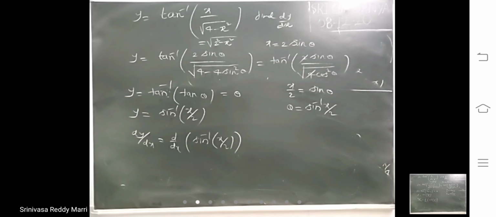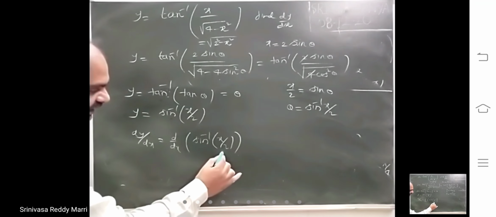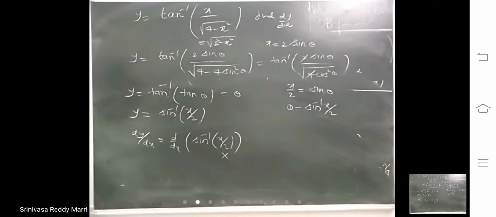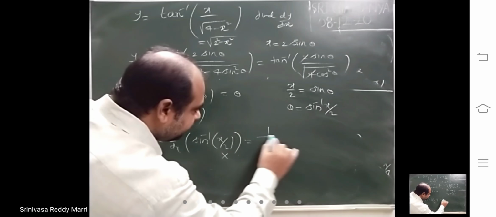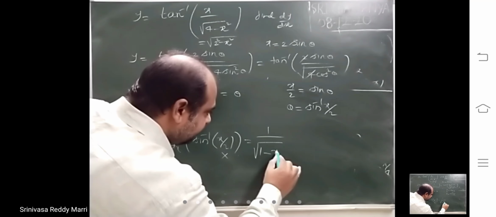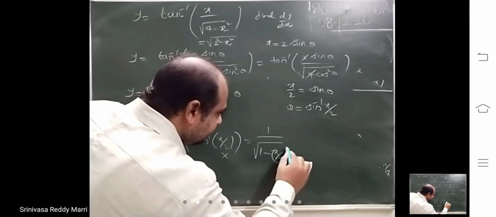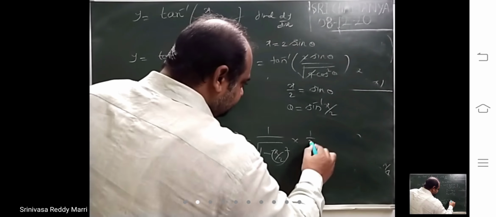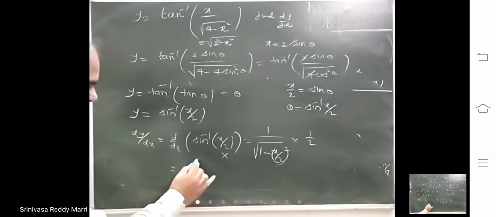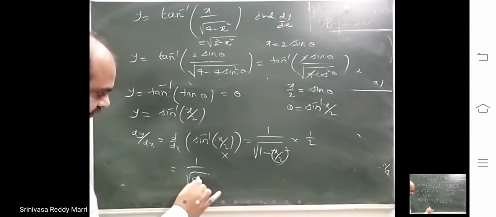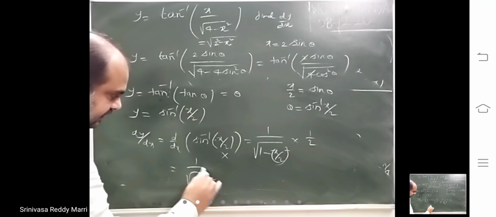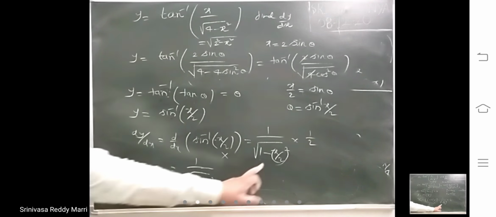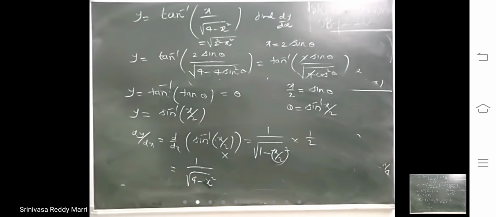Yes. So now d by dx of sin inverse of capital X, regular procedure. What is the formula? 1 by root of 1 minus x square into derivative of capital X, which is 1 by 2. That means your answer will be 1 by root of 4 minus x square. This is the derivative. The 2 will get cancelled here.